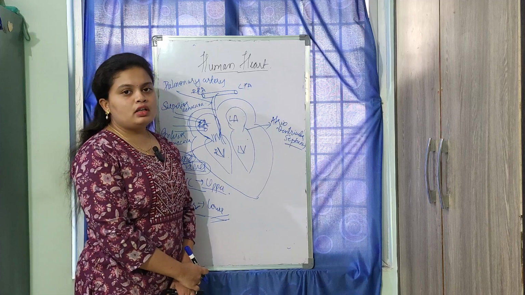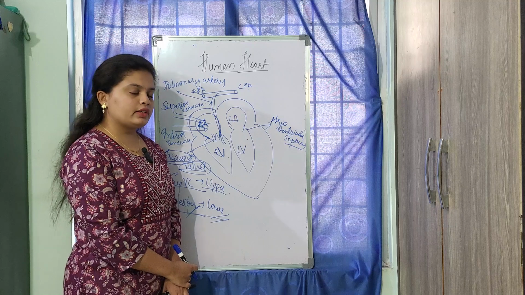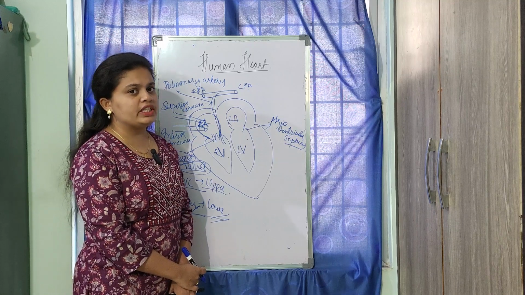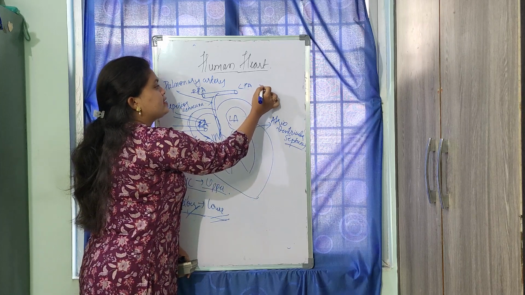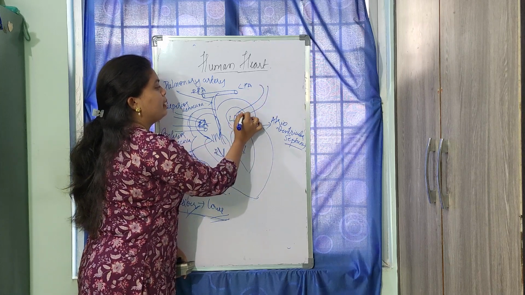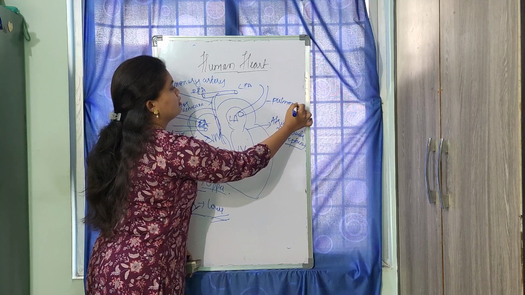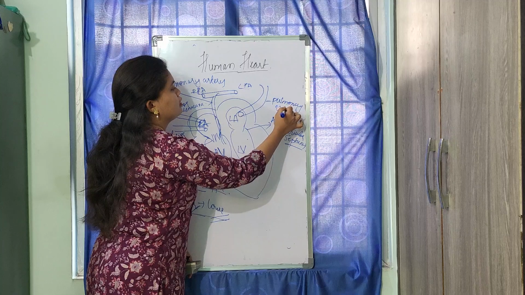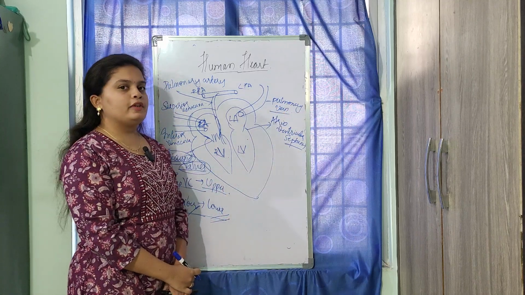Once the oxygenation process, the exchange of gases, takes place, and the blood becomes oxygenated again, it is sent back to the heart via the pulmonary vein.